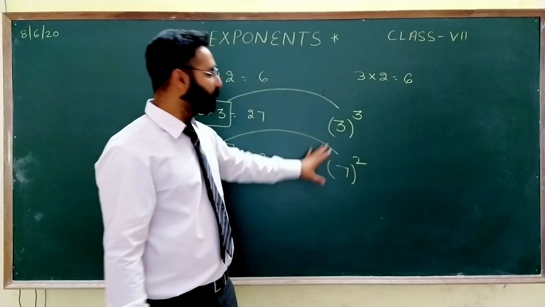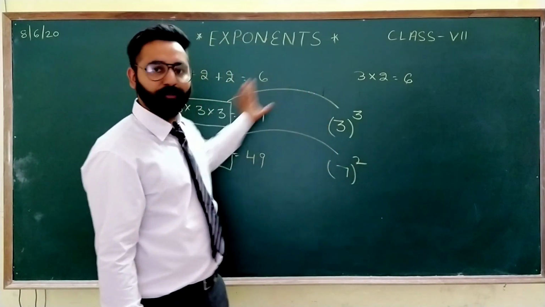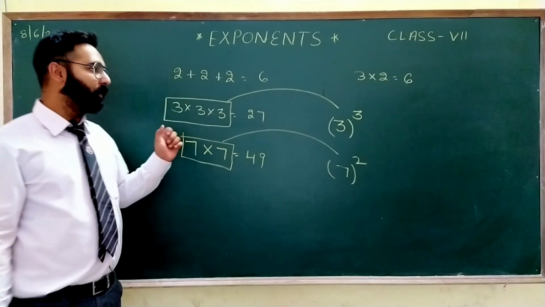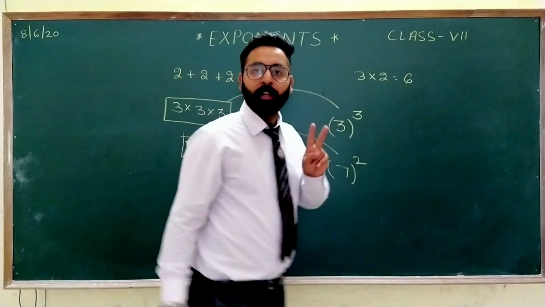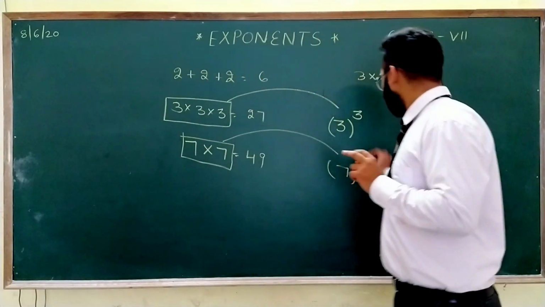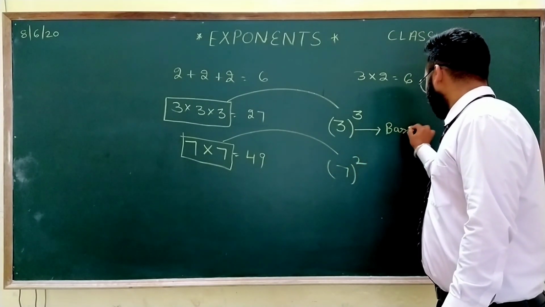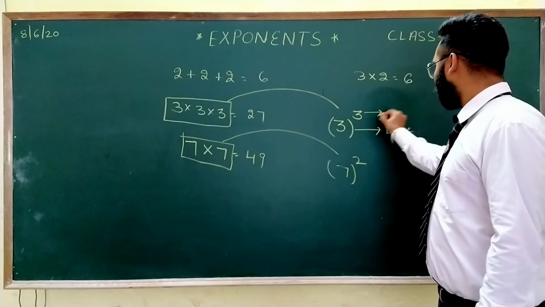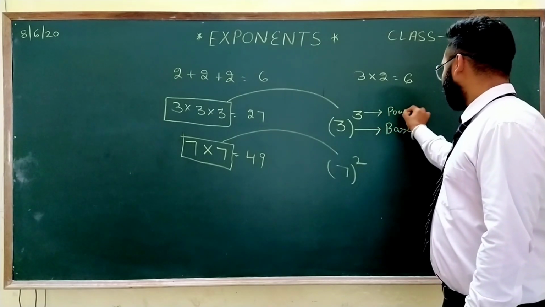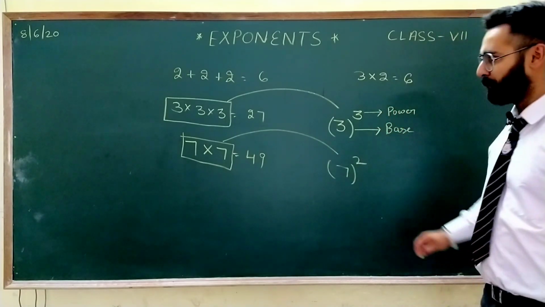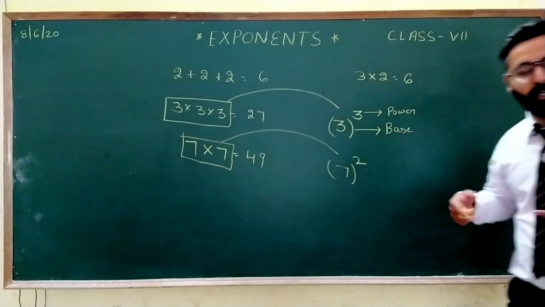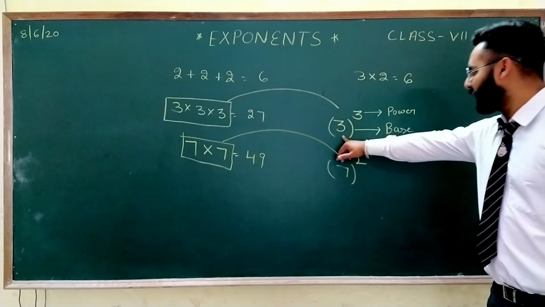This is nothing but the exponential form of a number. In exponential form we have two things. First is the base, and the number which is written at the top is known as power or exponent. The number which is multiplied by itself is known as the base.